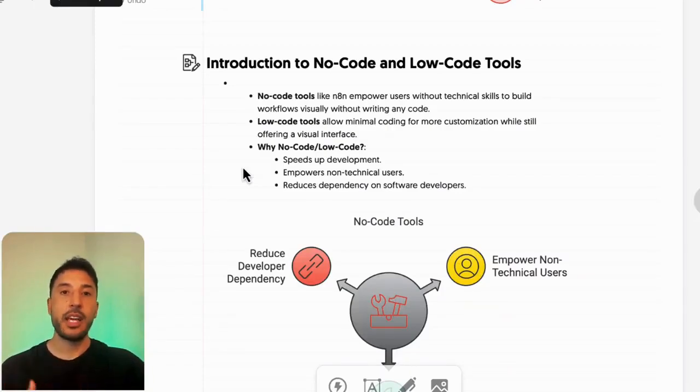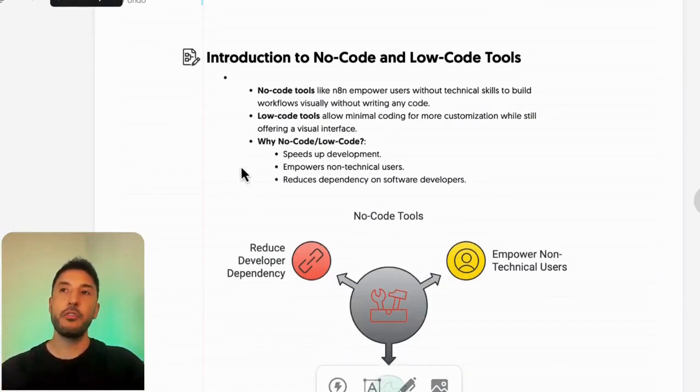Before, in order to build these automations using technical tools, you needed to know how to code. Otherwise, there was no way for you to jump in and create these automations or workflows yourself. So the introduction of these low-code and no-code tools in the market lately because of AI has really removed the barrier to entry in this space. And that's what is extremely exciting as we move forward in the future.